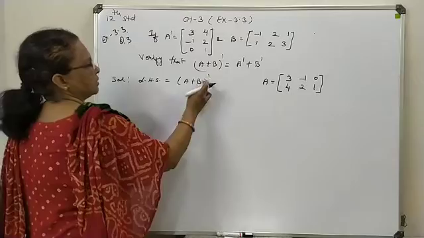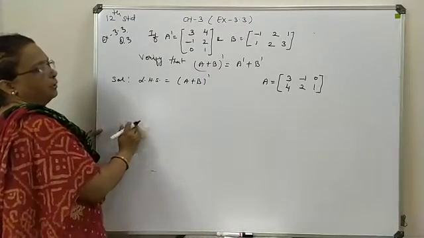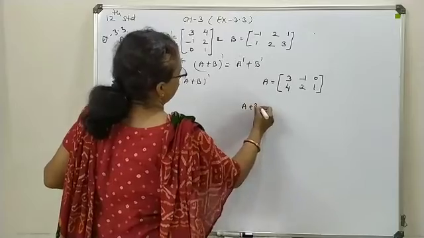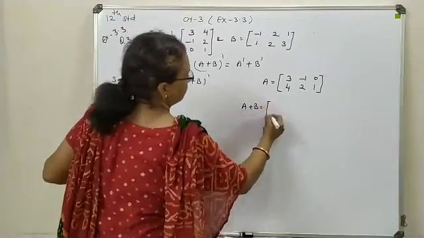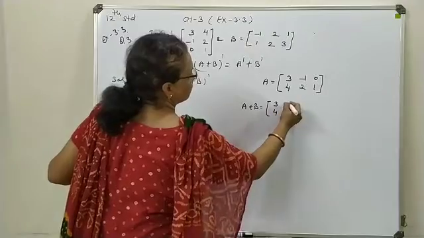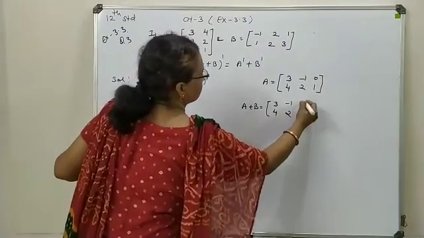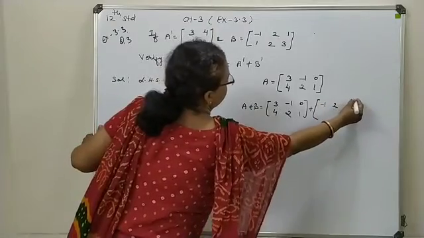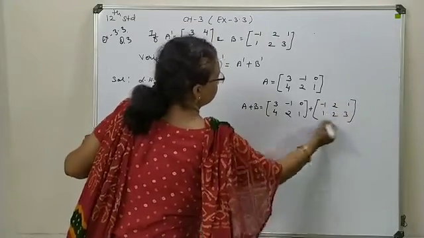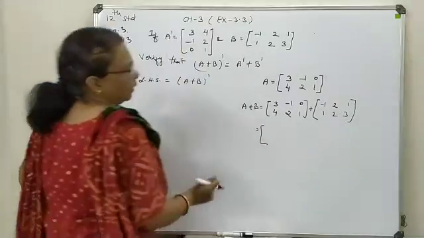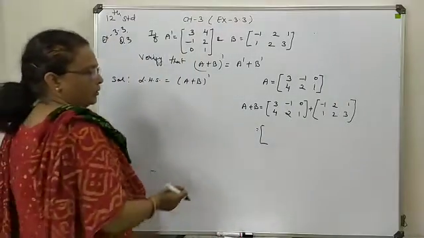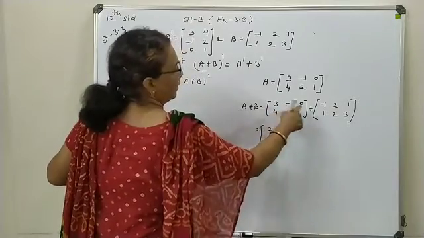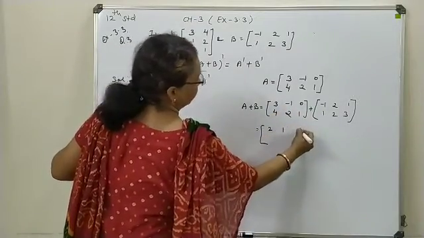Before making it a transpose form, we go for A plus B over here. A plus B, that means your B is minus 1, 2, 1, 1, 2, 3. Make them at the corresponding positions: 3 minus 1, 2, minus 1, 2, 1 and 1.